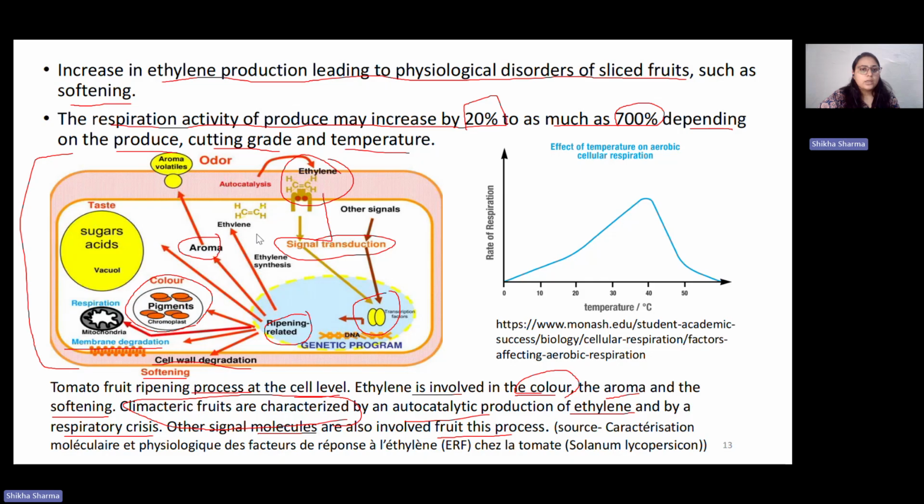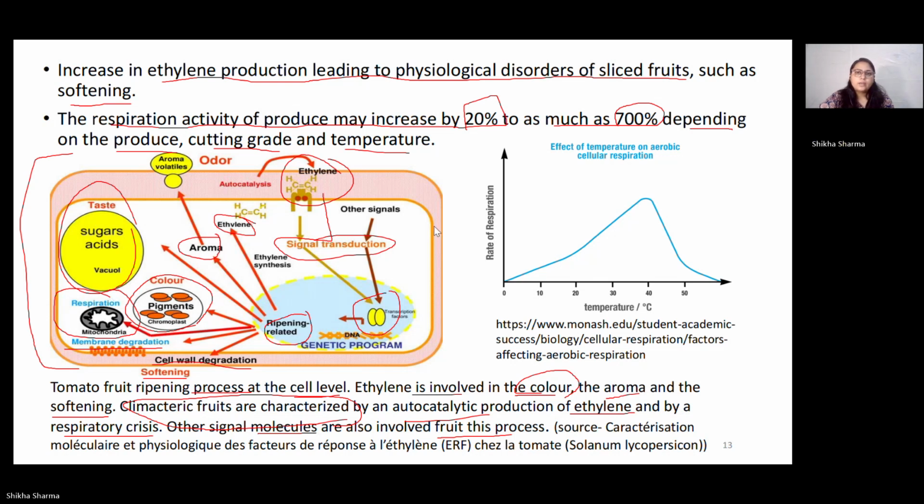Then more ethylene will also be produced, and other compounds like sugars and acids will also degrade or decompose, and the taste will change. The respiration rate will also increase because of all these ripening-related changes, which take place when ethylene gas is produced due to the autocatalysis.